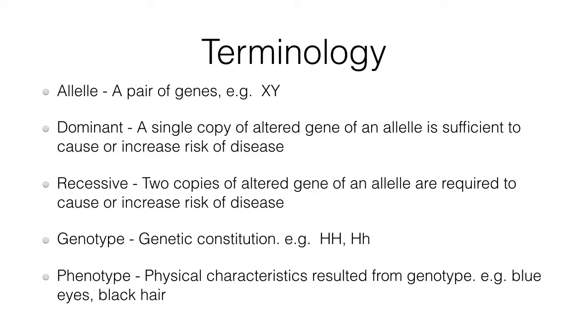And here are some terminologies for the genetic basis: alleles, dominant, recessive, genotype, phenotype. It is important for you to understand the definition of the terms before you get involved in a genetic study.